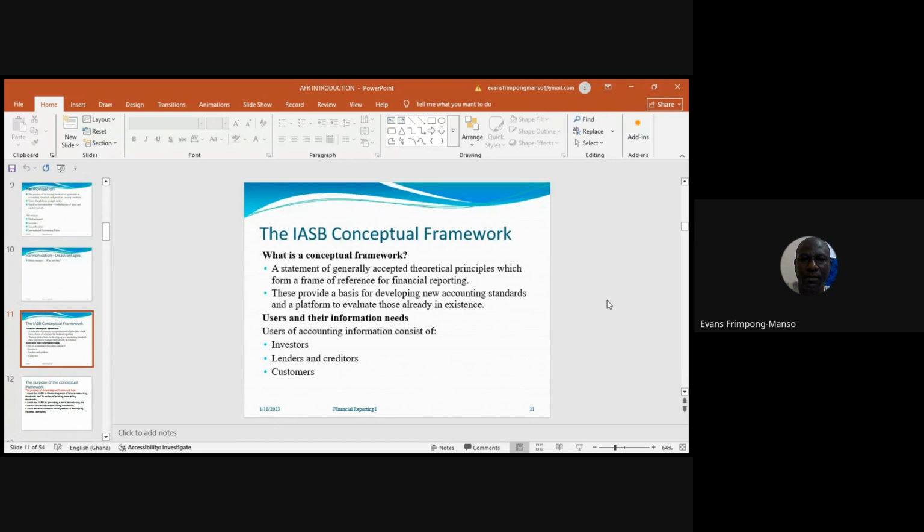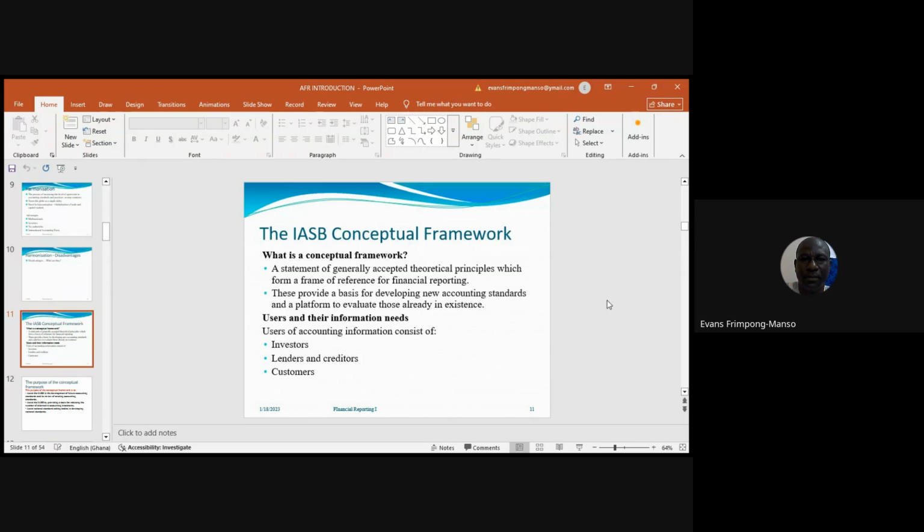Then I have looked at the regulatory framework. I'm now looking at the conceptual framework. What is the conceptual framework? Now, the conceptual framework was put in place by the International Accounting Standards Board.